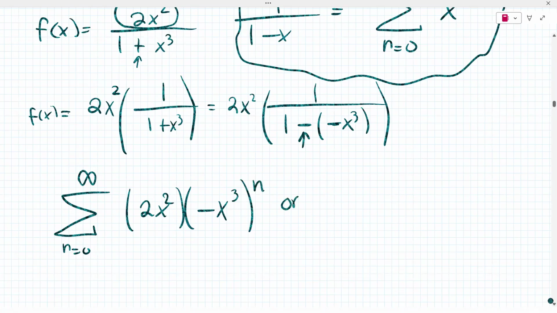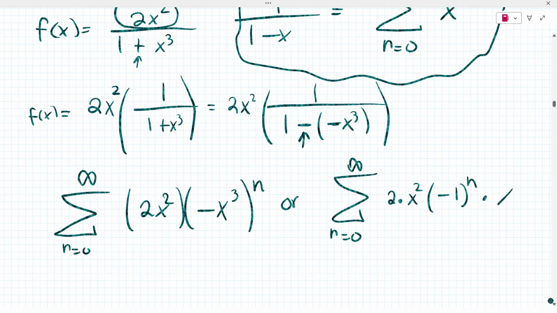Or you can also say this is the same thing as a summation from 0 to infinity, and this is the same thing as 2 times x squared times negative 1 raised to the n times x raised to the 3n.